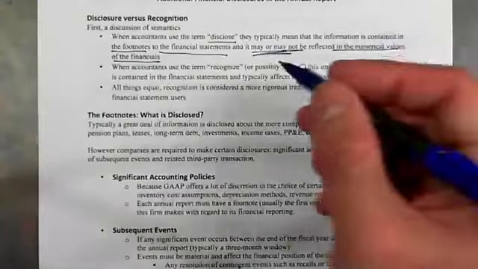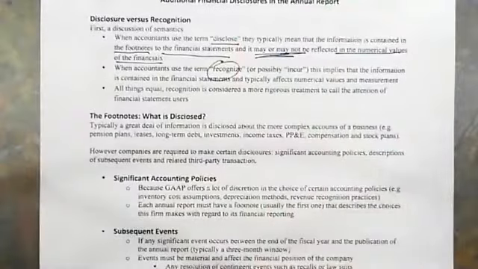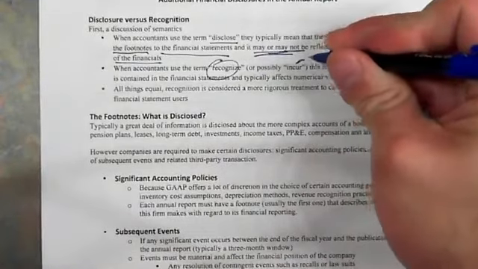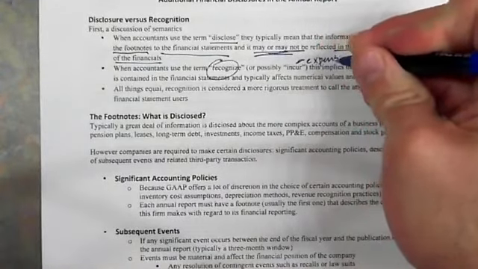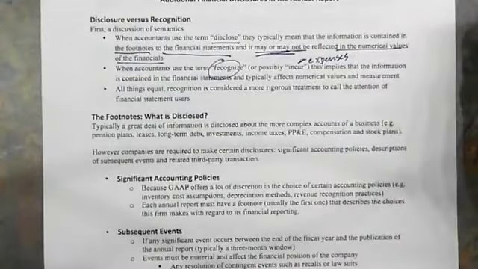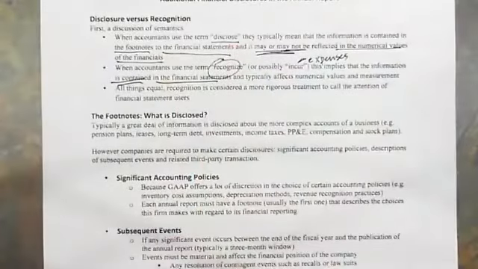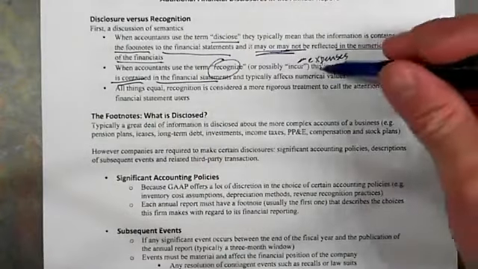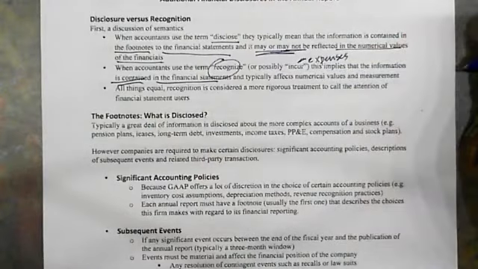Now, when I use the term recognize, sometimes incur is synonymous with recognize. Typically we talk about incurring expenses, but we also recognize expenses. This implies that the information is contained in the financial statements. So when we recognize something, it means much more than just a footnote disclosure. It affects numerical values and measurements.